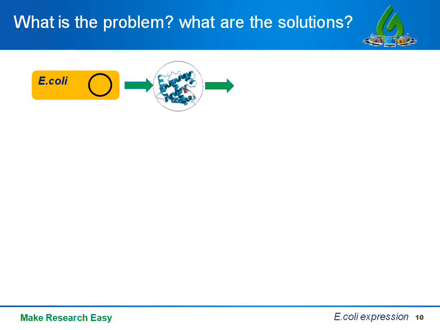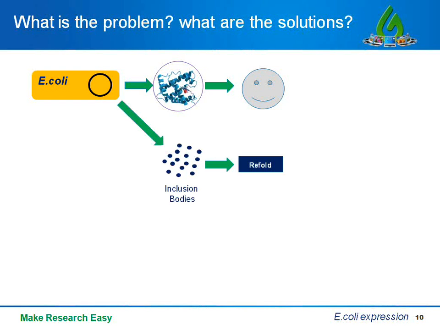Everyone is happy. Or you could try overexpression, but due to anomalies in protein folding, the protein ends up as insoluble aggregates called inclusion bodies. And when that happens, you could try a very cumbersome process called in vitro protein refolding and solubilization and still get the necessary outcome.